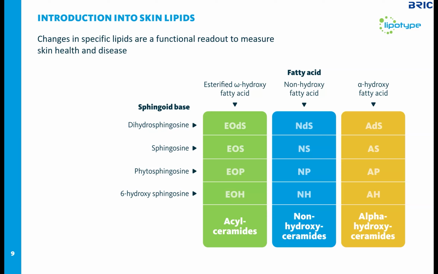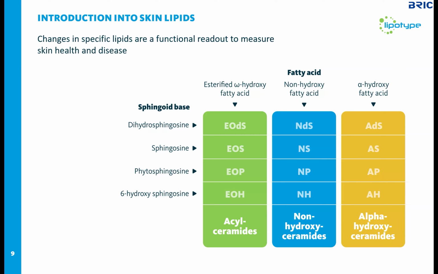So they are chemically identified, and they have a diverse chemical structure due to the presence of specific sphingosine base and specific fatty acids attached to this sphingosine base. We are able to identify and quantify 12 ceramide subclasses, which are represented on this slide.